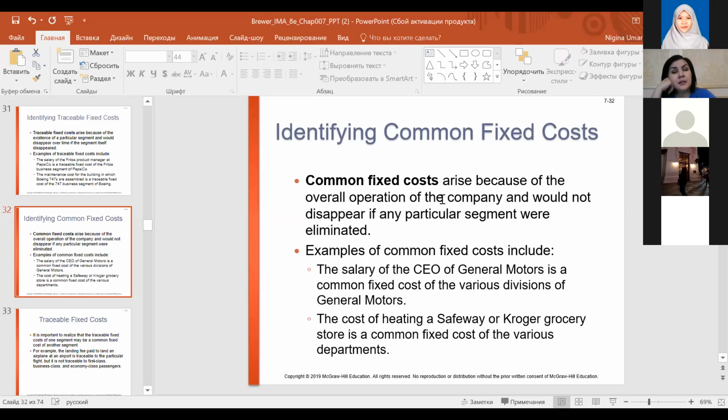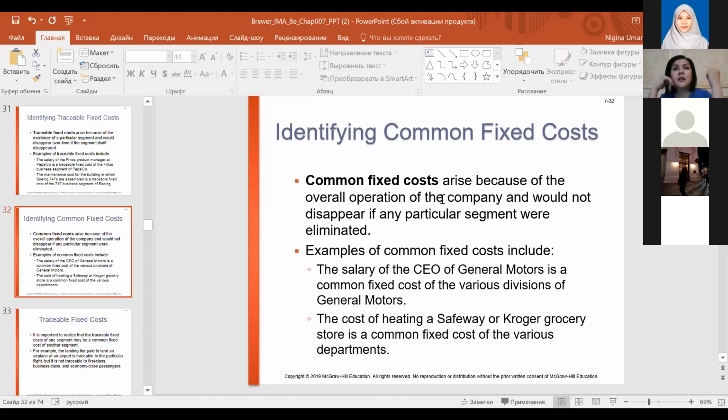And the salary of the Chief Executive Officer of General Motors, the salary of the CEO of General Motors in the USA, is regarded as a common fixed cost.